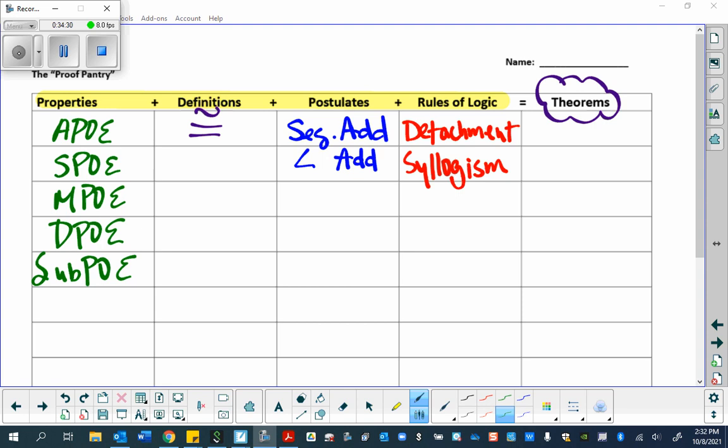If you're working with your friends and you're like, oh, I don't think I have the definition of midpoint in my pantry, let me quick add that. So postulates, do you have segment addition? Do you have angle addition? Do you have linear pair? Do you have your protractor postulate? Do you have your segment postulate? Those are all the rules that we had when we talk about the things that we can do.